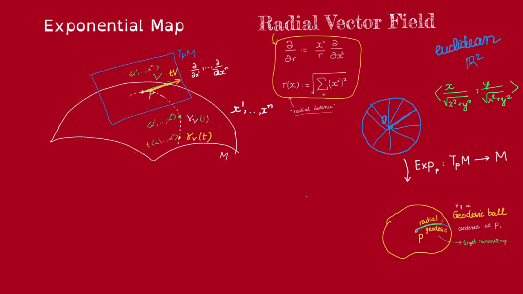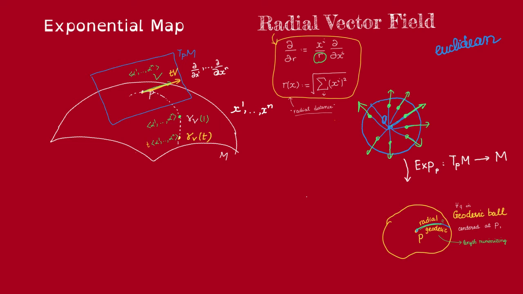So how does it look? Well, at any point (x, y) here, we have a vector pointing in the same direction as the point (x, y), but of unit length. So we divide by this r so that this becomes unit length. So this is just a unit vector field pointing out like this. Of course, there's nothing special about the Euclidean plane.